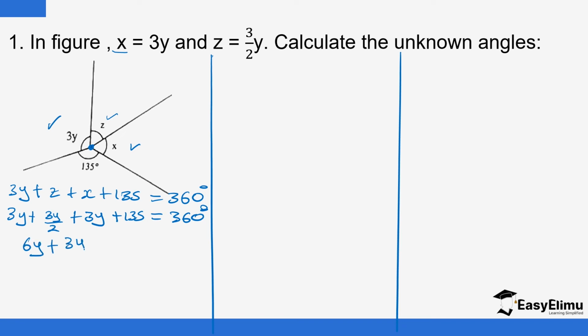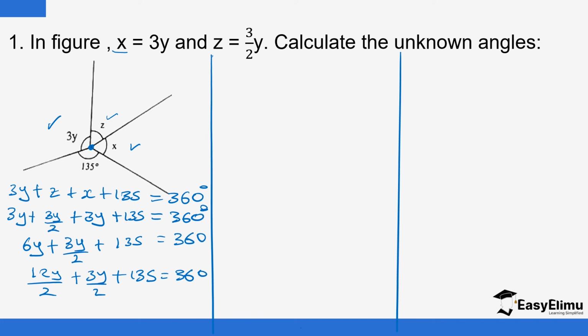You add 3y over 2 plus 135 equals 360. 6y can be written with a denominator of 2 as 12y over 2, plus 3y over 2 plus 135 equals 360.